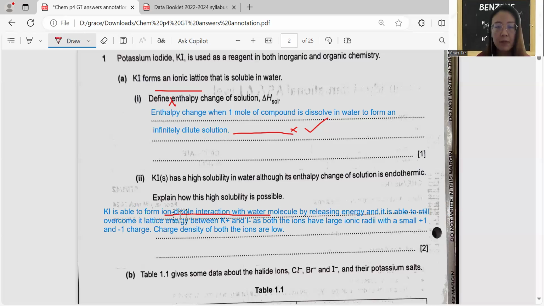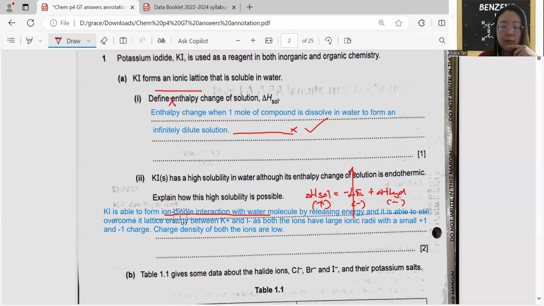Because enthalpy change of solution is defined as minus lattice energy plus hydration. So if you want a total endothermic here, that means lattice energy is always negative for formation, and hydration is always negative. So what it means is that lattice energy is actually more exothermic. So when you minus a negative lattice energy and you plus a negative hydration number, then the net total will still be endothermic.